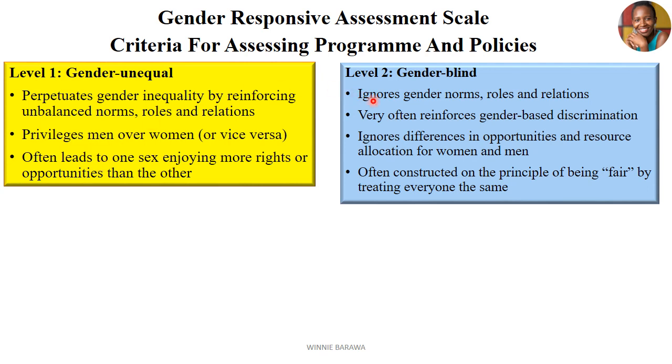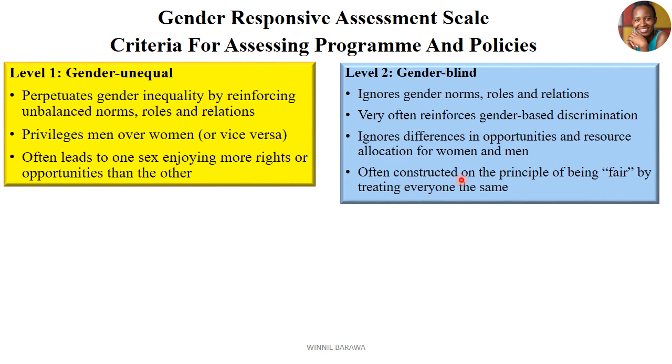And the second level is gender blind, where we are saying this is a project that ignores all the gender norms, roles, and relations, and so they reinforce the majority of the gender-based discriminations. They reinforce the discriminatory practices, the practices that alienate the genders against each other. So it ignores the differences that are at play both in opportunities and resource allocation between men and women.